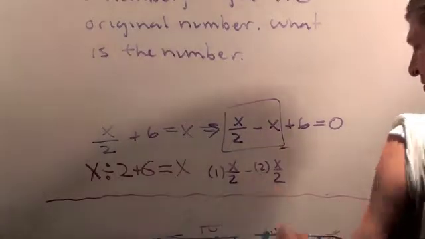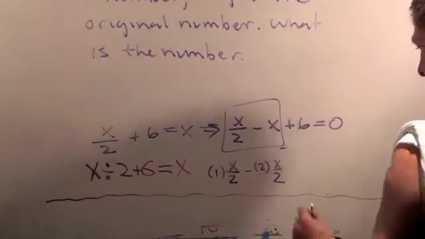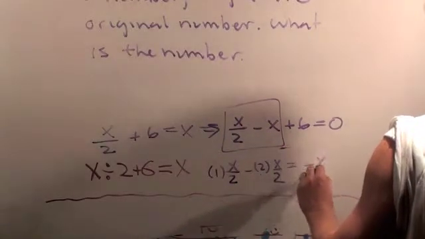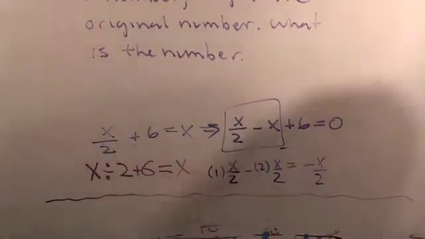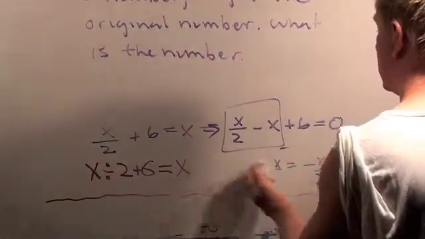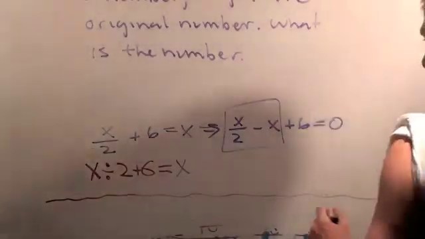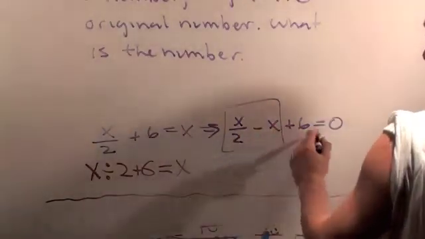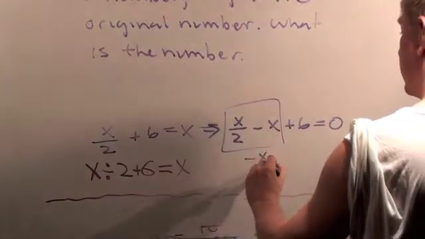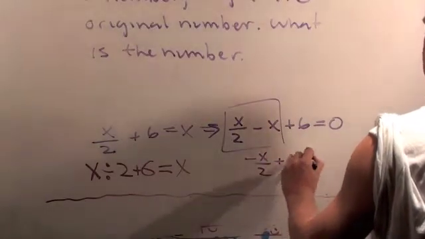So we have 1 minus 2 is? Minus 1. So minus x over 2. Okay, so x over 2 minus x plus 6 equals 0 means minus x over 2 plus 6 equals 0.